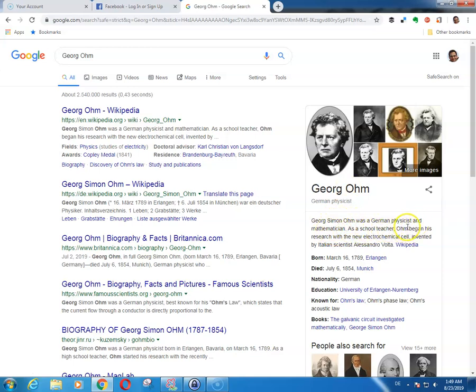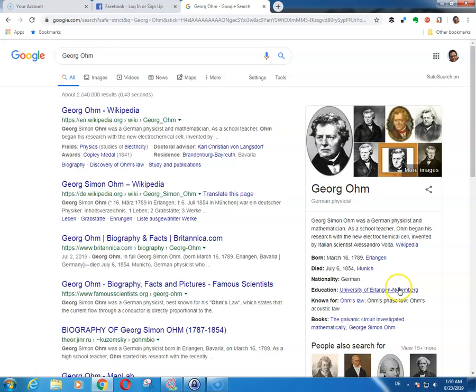As a school teacher, Ohm began his research with the new electrochemical cell invented by Italian scientist Alessandro Volta, and he was born on March 16, 1789 and died in 1854. So around 64 years.